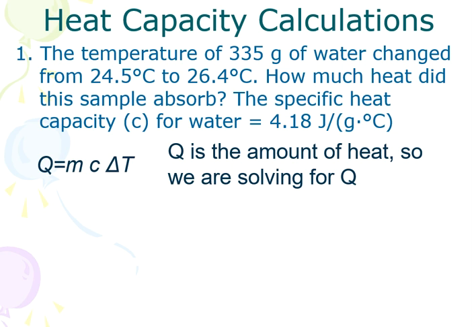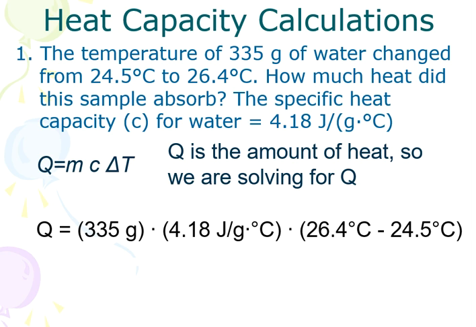So we need to find what we need from the prompt to fill in the different variables of the equation. M is mass, and we know the units of mass are grams. C is the heat capacity, so this value is going to go in place of C, and delta T is the change in temperature.